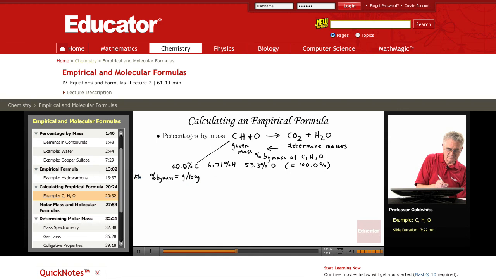We start looking at each element in turn: carbon, hydrogen, oxygen. The percentage by mass, which is also the grams per 100 grams, is 40.0 for carbon, 6.71 for hydrogen, 53.3 for oxygen.